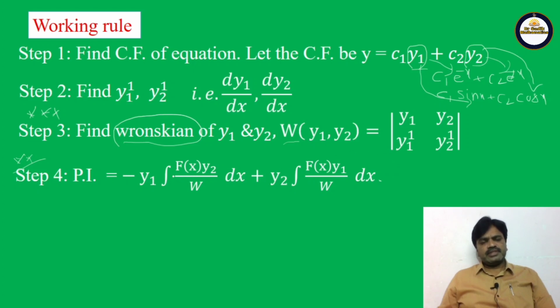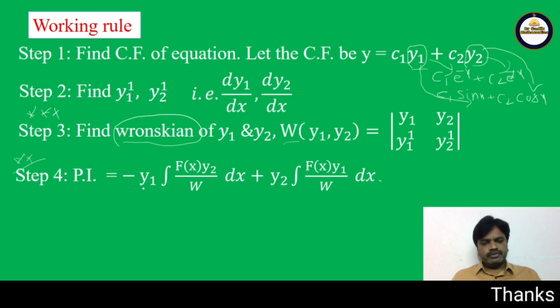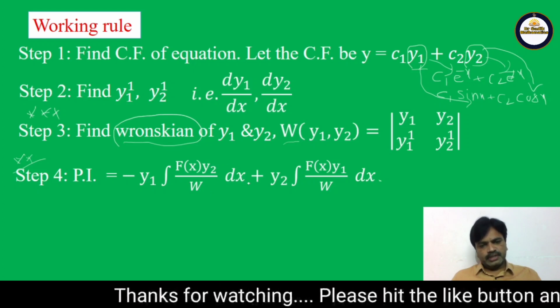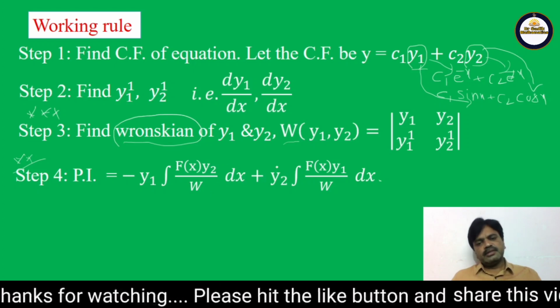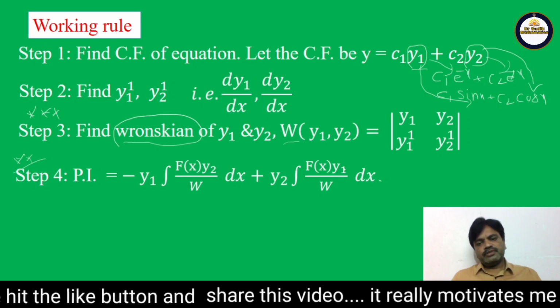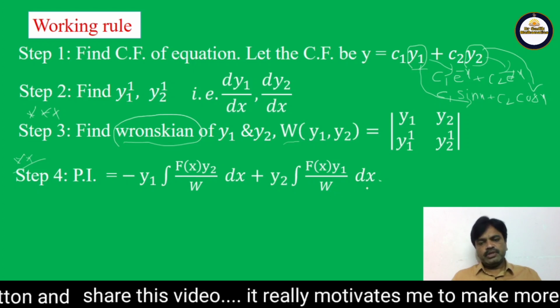Once again, friends, we simply remember this particular integral formula. First you write y1 with a negative sign, and inside the integration you write f(x) y2 / W dx. Plus, the second term starts with y2, times the integral of f(x) y1 / W dx.